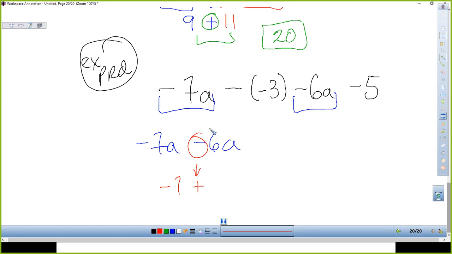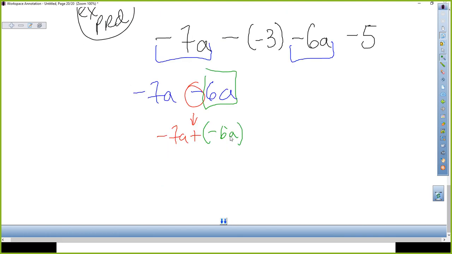And what is the opposite of 6a? Negative 6a. Alright. So, can we combine now? Yeah. There's addition. They're the same sign, so I write A. What is negative 7 and negative 6? That's negative 13.